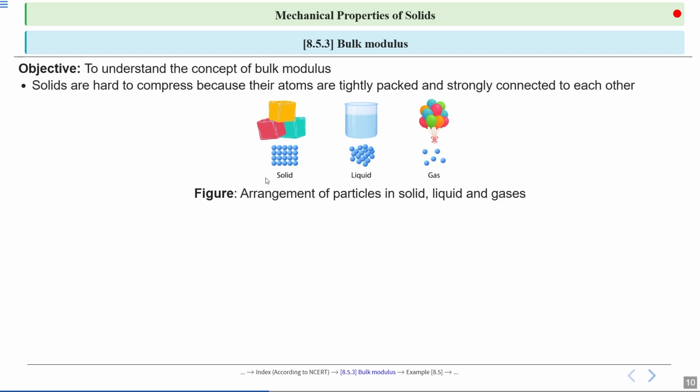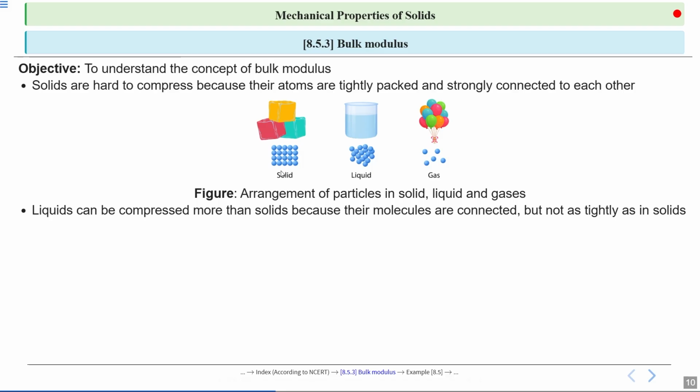This is the arrangement of the particles in solids, liquids, and gases. We can say solids are tightly packed, comparatively liquids are less tightly packed, and gases even less so.